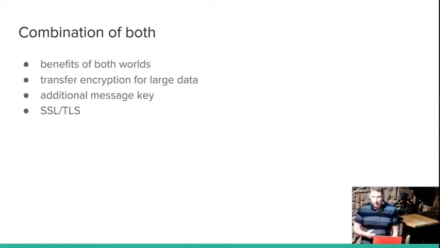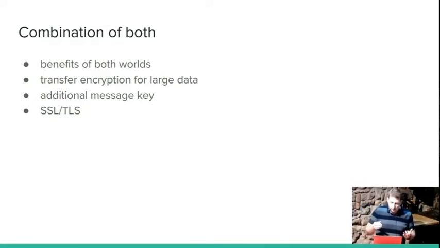Because each of these have some drawbacks and some benefits, usually there are scenarios where you want to combine both, and so you can use the asymmetric nature to actually transfer data, but also to use the symmetric thing for encrypting large sets of data.